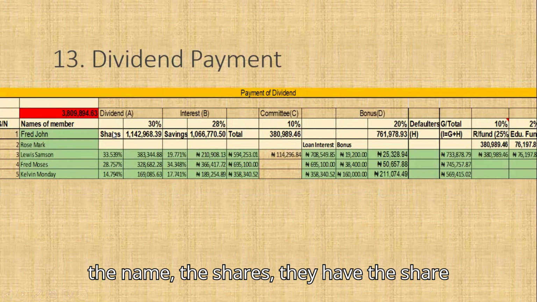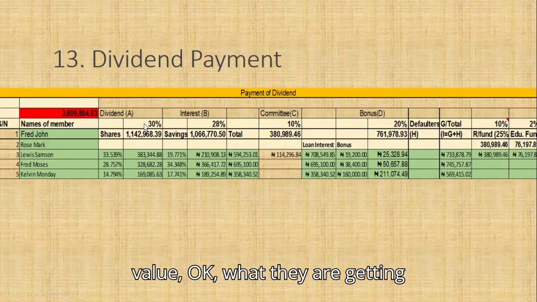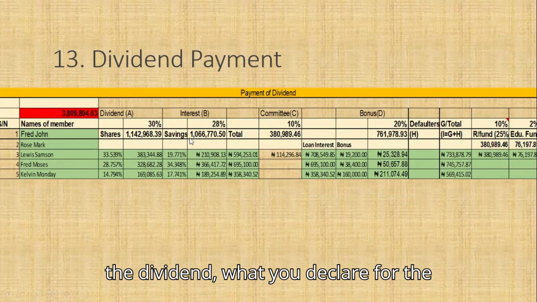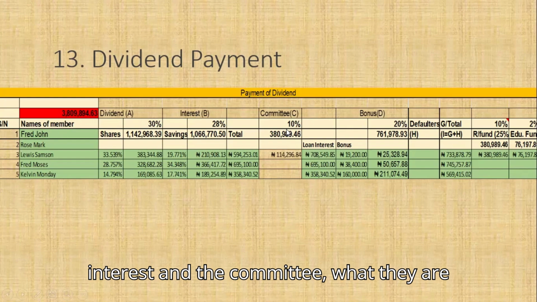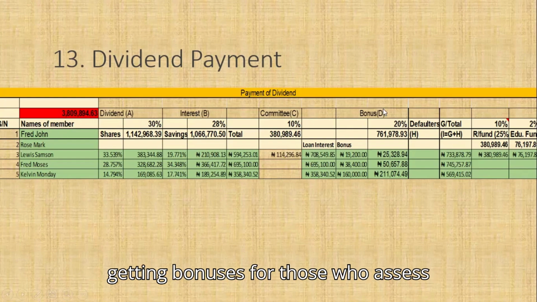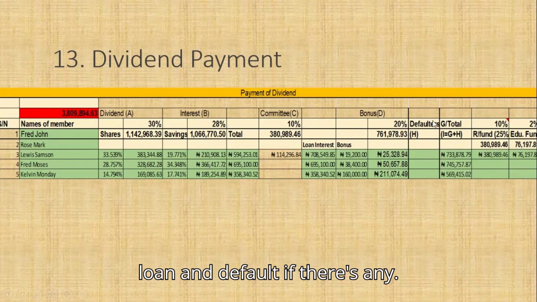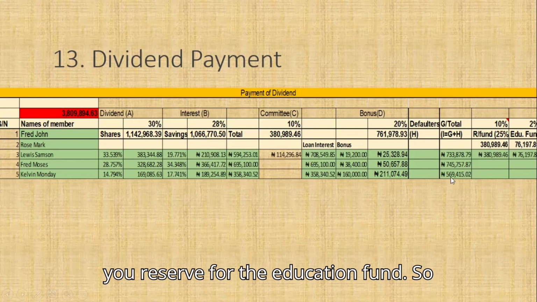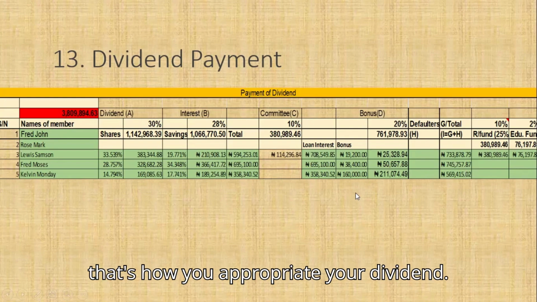You have the name, the shares they have, the share value, what they are getting under the shares, what you declare for dividend, what you declare for interest, and what the committee is getting, bonuses for those who access loans, any refund, your reserve fund, and what you reserve for the education fund. So that's how you appropriate your dividends.